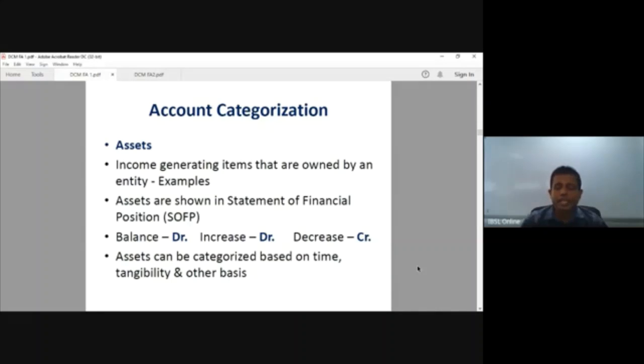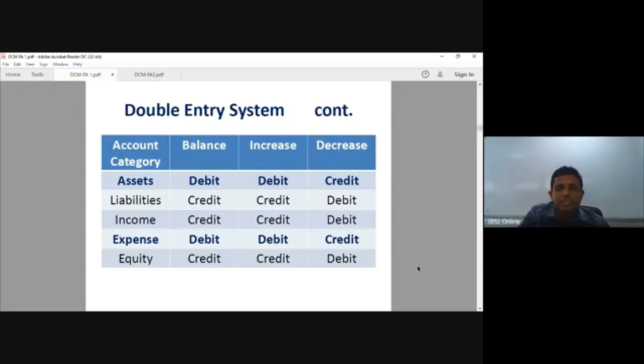If I go to the previous slide, this double entry system, out of these 5 categories, income and expenses go to the income statement. If you take the financial statements, I mentioned there are 6 components. Out of those 6 components, the main 2 statements are the income statement and the balance sheet, or the statement of financial position.